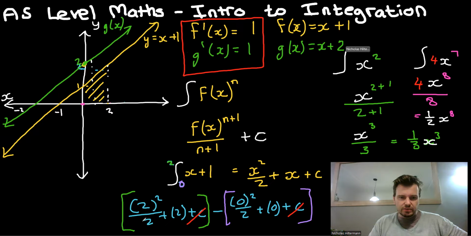Okay, so if we sub in 0, we actually get 0. And then 2 squared is 8, sorry, 4, divided by 2 is 2, plus 2 is 4. Well, that should work, because then if we look at this from 0 to 2 here, this bit here is 2.